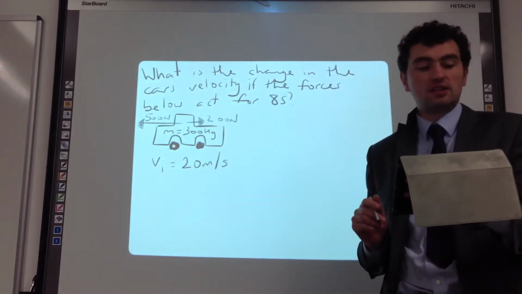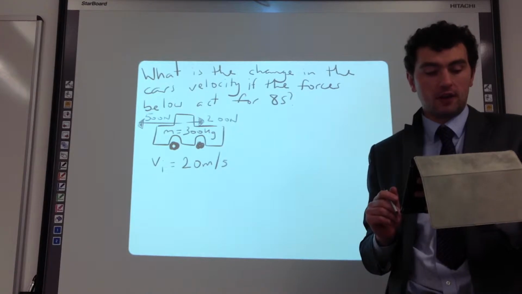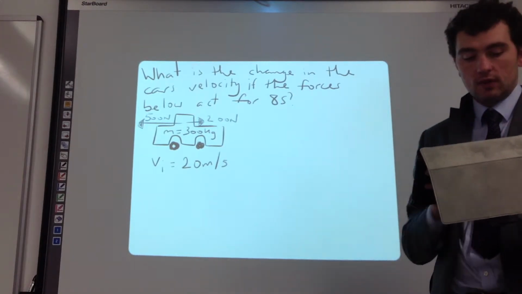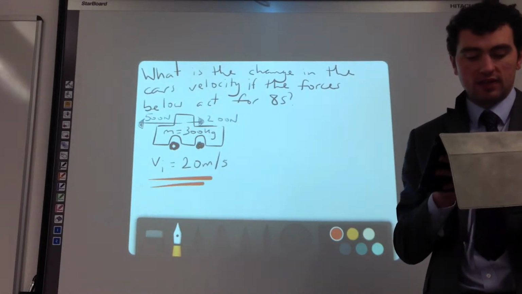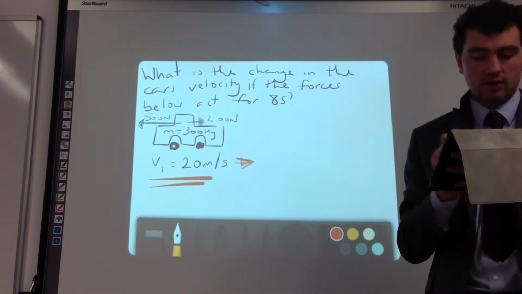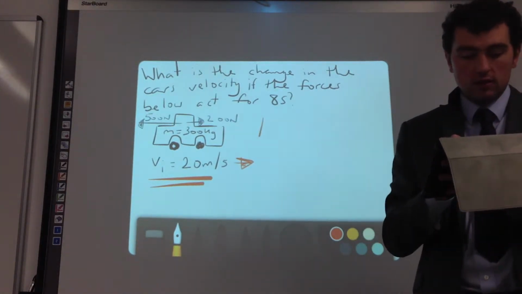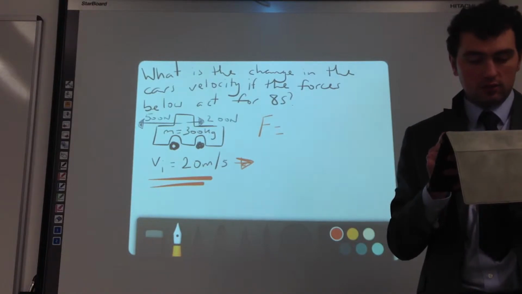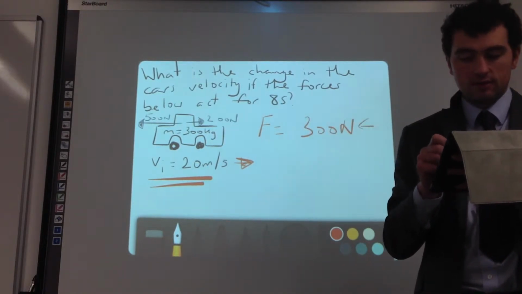Okay, what is the change in the car's velocity if the forces below act for 8 seconds? So, I've got an initial velocity of 20 meters a second, and I'm going to say that initial velocity is acting in this way. I should have written that down before. Now the resultant force is going to be 300 newtons, but it's in this direction here.